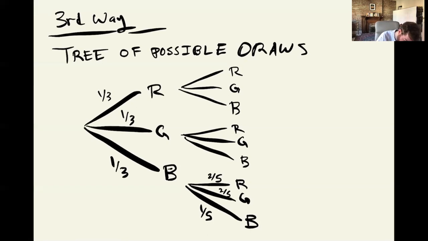What this tells you is the ordered probability of each of these draws. In particular, if I wanted to calculate the probability of blue then red, this would be 1/3 times 2/5, which is 2/15. That's this.